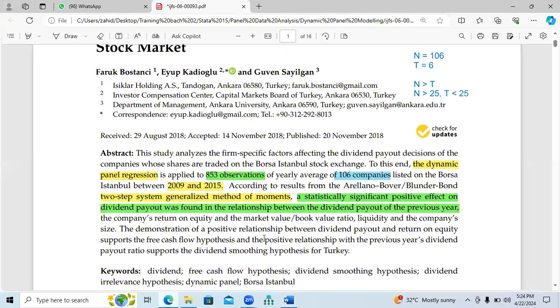If you see here, this says that a statistically significant positive effect on the dividend payout was found in relationship with the dividend payout of the previous year. So the dependent variable is dividend payout here, and it is also affected by its own previous value. That is why they are considering it as a dynamic panel data model.